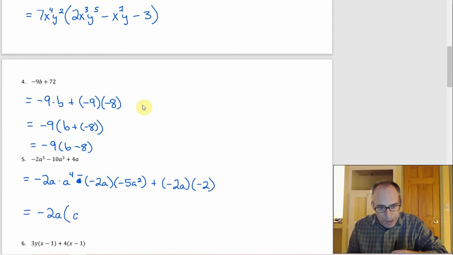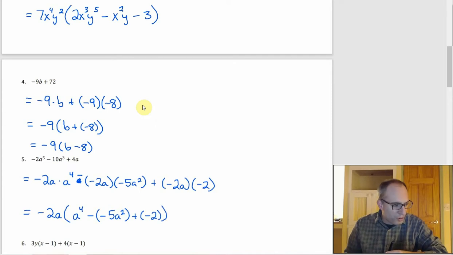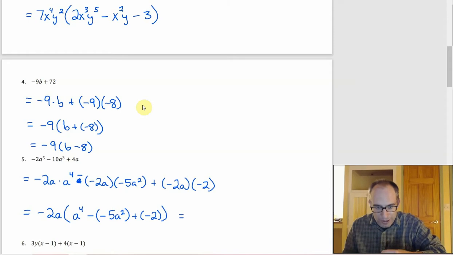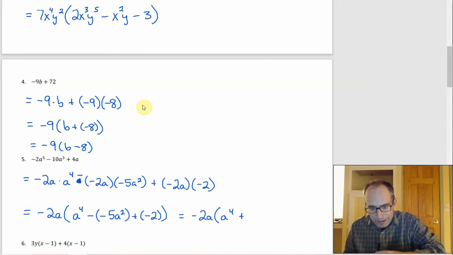So then you could factor the negative 2a out, and you'd be left with a to the fourth, the first term, then minus negative 5a squared, and then plus negative 2. Or, to use the more conventional way of writing this, I have to write it over here where I have enough room: negative 2a times a to the fourth plus 5a squared minus 2.